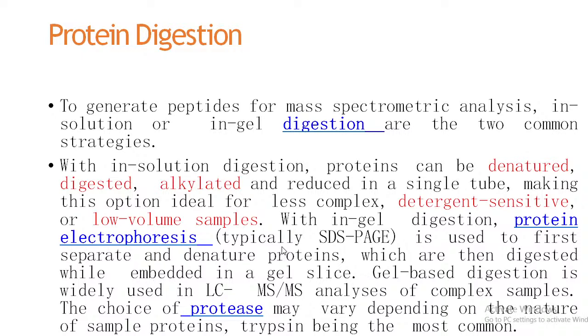Okay, so this SDS page will separate your protein. Okay, why are we using SDS? SDS is sodium dodecyl sulfate. It will denature your protein and it will convert the secondary, tertiary, and quaternary structure of protein into a primary structure, because it has both the charges.